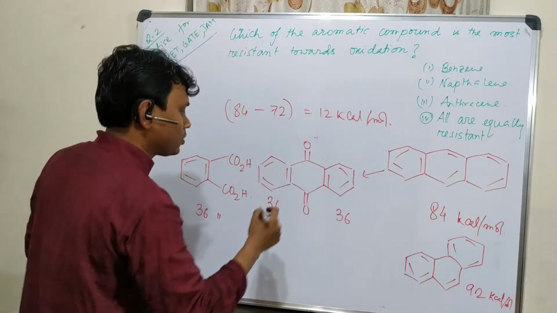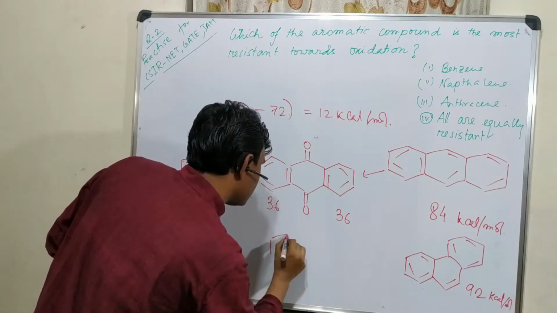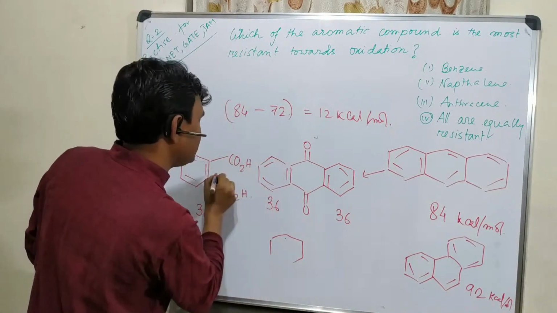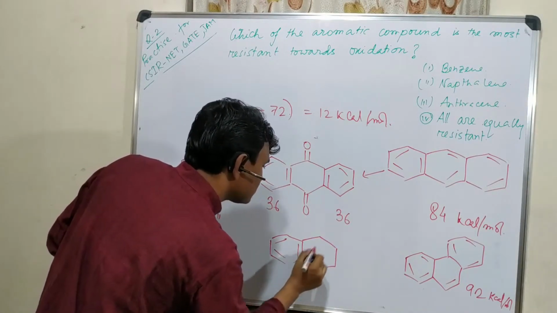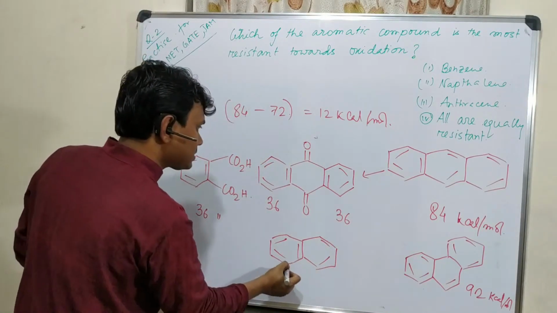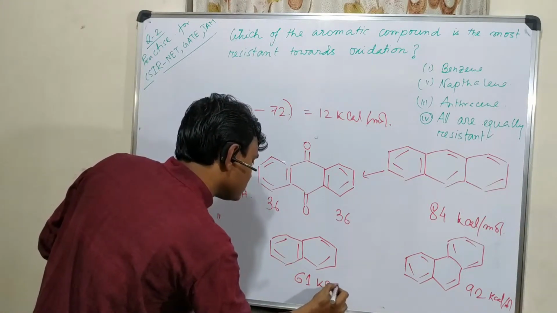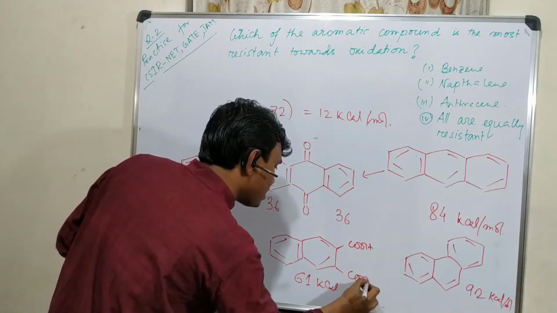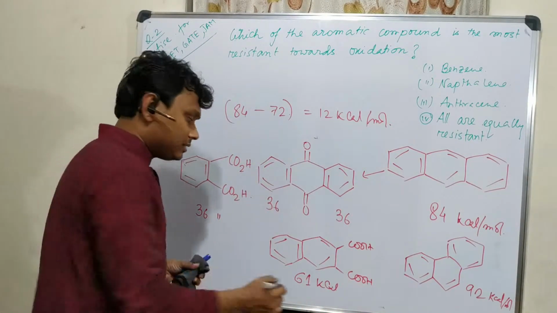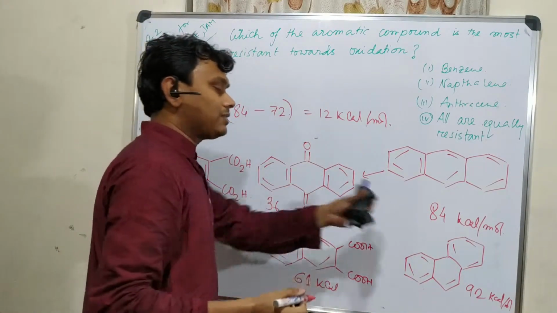Let's consider another option: like naphthalene, one side is oxidized. Then the remaining naphthalene RE is around 61 kilocalorie per mole. These are all rough values for understanding. For comparison, only memorize the values for naphthalene, benzene, anthracene, phenanthrene.